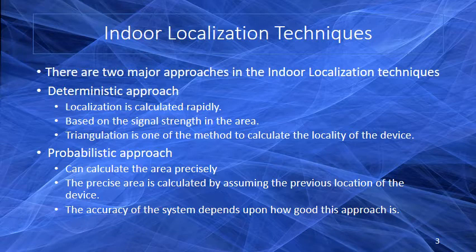This approach works on the signal strength in the area, and triangulation is one of the methods to calculate the location of the device. And the second approach is the probabilistic approach. In this approach, you can calculate the area precisely, but the precise area is calculated by assuming the previous location of the device. And then the accuracy of the system depends upon how good this approach is.